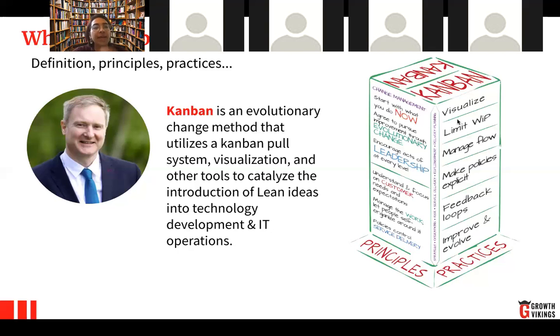So first is making work visual. And Kanban makes work visual through the boards, okay? And we're going to see some examples of Kanban boards. Second, it limits work in progress, and it's fundamental, okay? And we're going to see in just a second an example of why this is so important, okay?